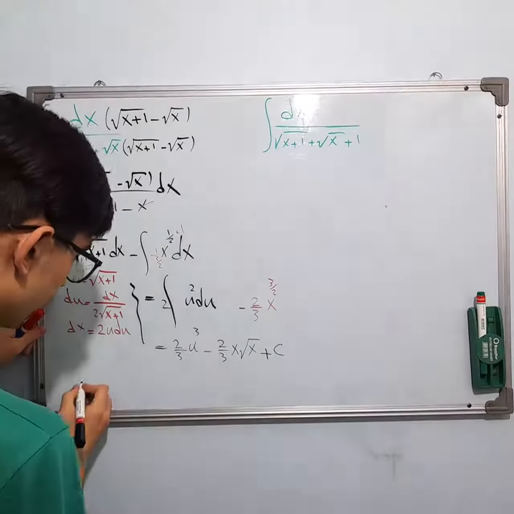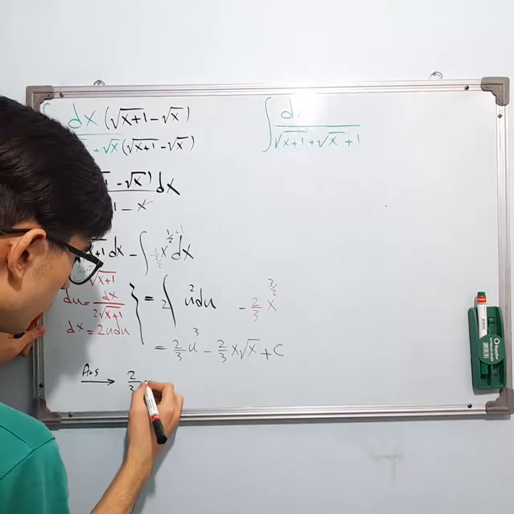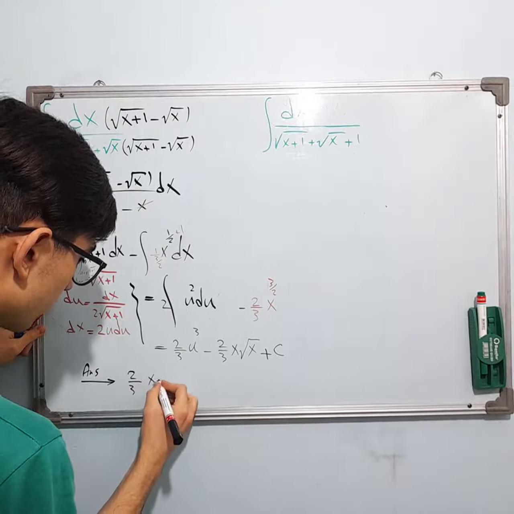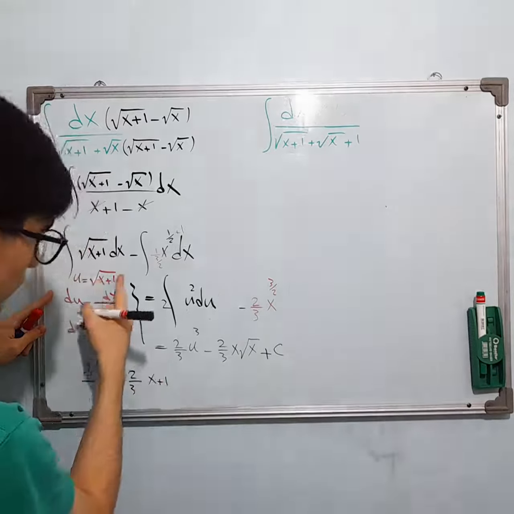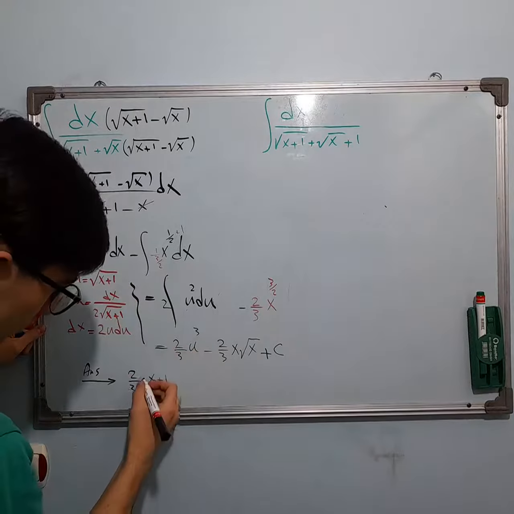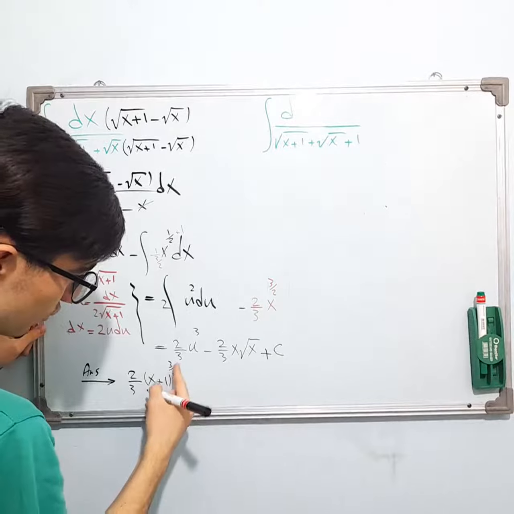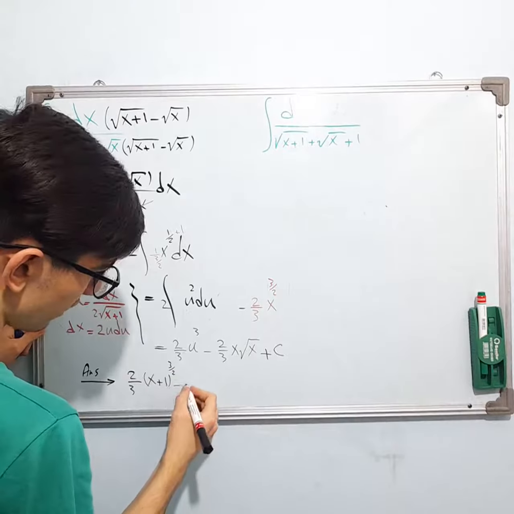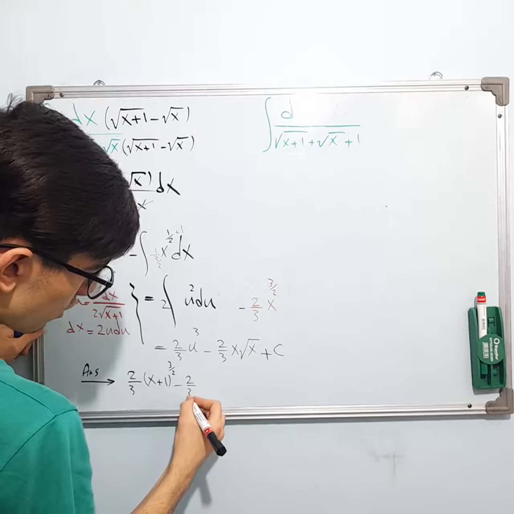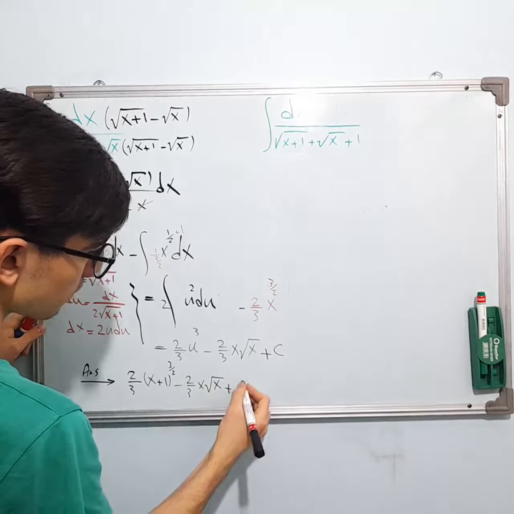So the answer is 2 over 3 (x plus 1) to the 3 over 2 power minus 2 over 3 x square root of x plus c.